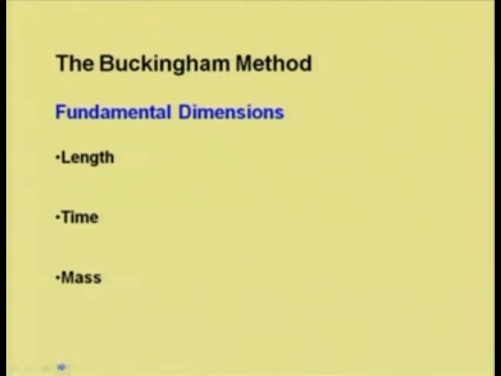So, we will discuss the Buckingham method to obtain the correlations. In this method, first we have to consider certain fundamental dimensions. What are those? Length, which we represent by L. Length is one fundamental dimension, symbolized as L, and like area we can write L square, volume we can write L cube.